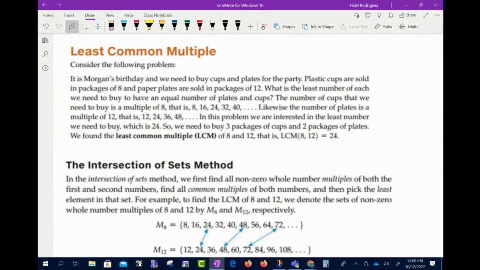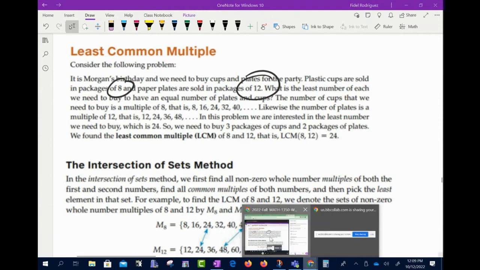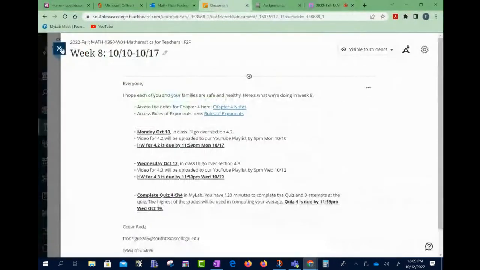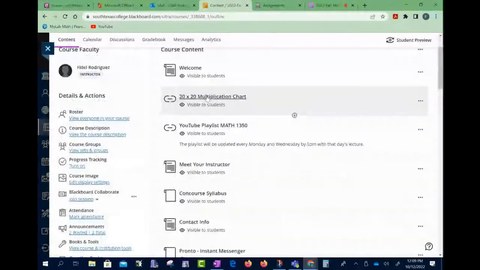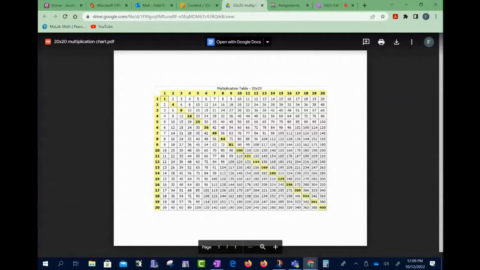If cups come in packages of 8 and plates come in packages of 12, we're going to look at the multiples of 8. I'm going to scroll back over to my Blackboard page because I want to look at my multiplication chart.